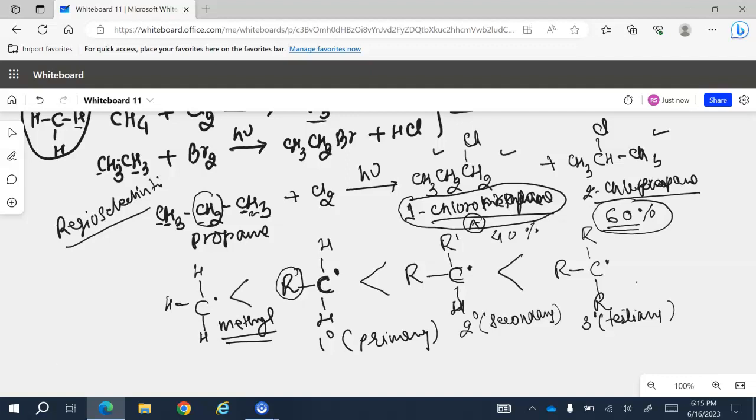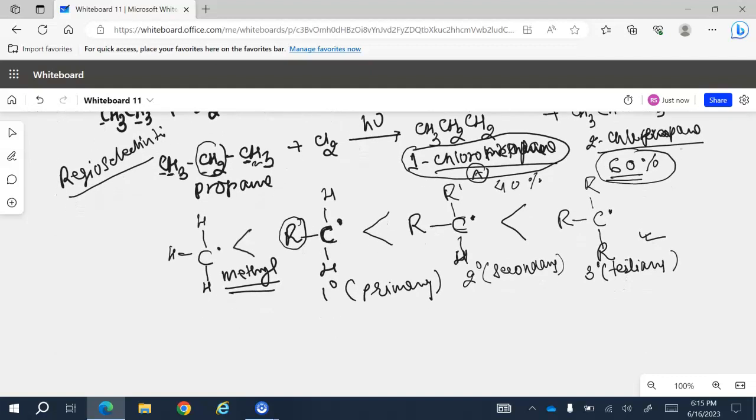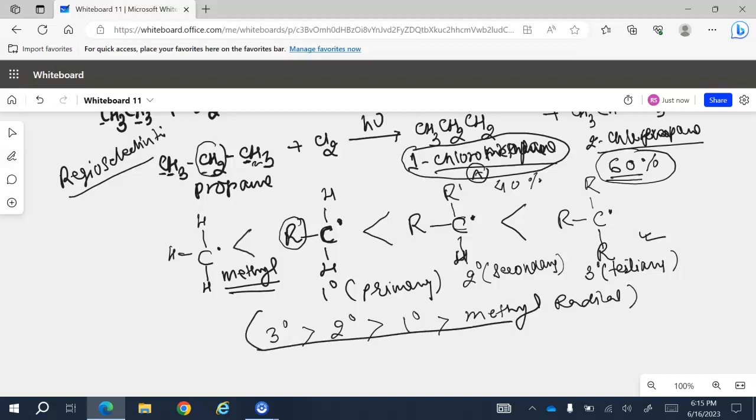In other words, tertiary radicals are more stable than secondary, secondary is more stable than primary, primary is more stable than methyl. So tertiary radical is far better than secondary, secondary is better than primary, primary is better than methyl radical. This is the stability order that you need to be aware of all the time.